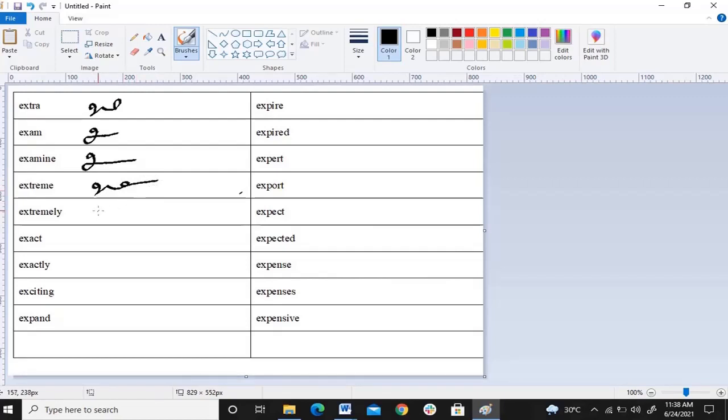Next, extremely. E-S-T-R-E-M-E, the ly. Extremely. Next, exact. E-S-A-K-T. Exact. Next, exactly. You have E-S-A-K-T-ly, which is represented by our E stroke.